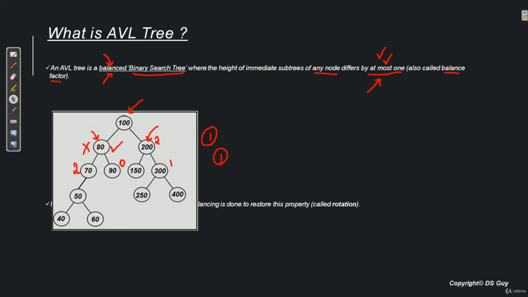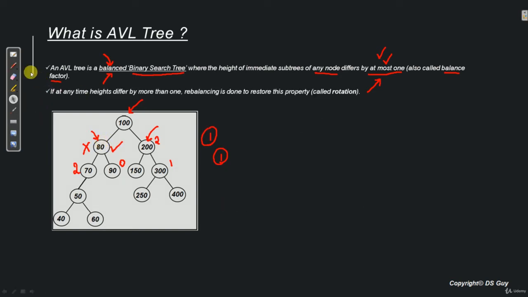Now this is what is being told here. It says that if at any point the height differs by more than 1, which happened in this case, then rebalancing is required, and that is done using rotation. Now what rotation is and how it is done, we will see in a while.